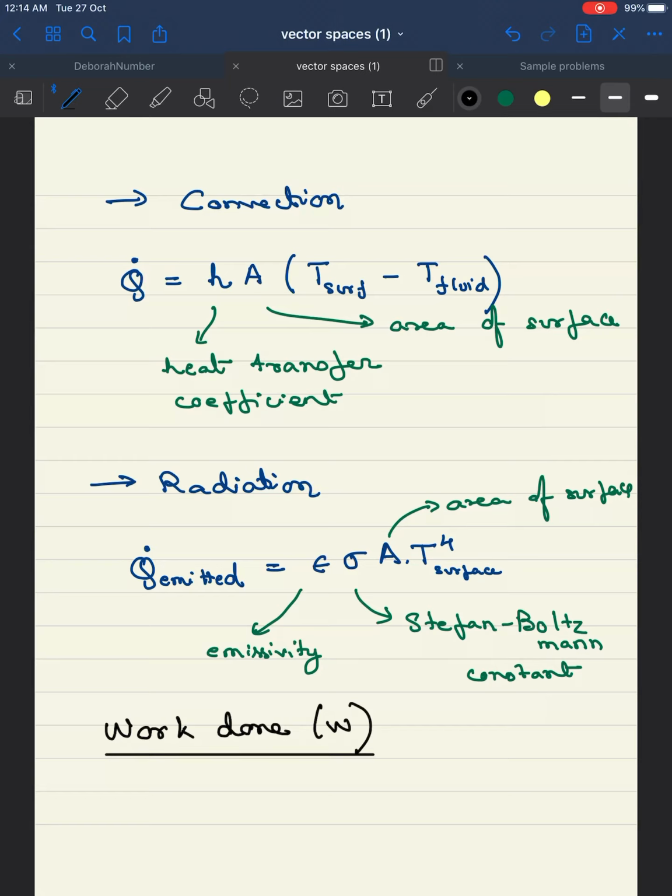Okay, now work is an energy interaction, obviously, that usually occurs at the boundary of a system and surroundings. Again, work is not a property of a system, but it is associated with a process that the system is undergoing, and work done on the system by its surroundings depends on the path of the process.